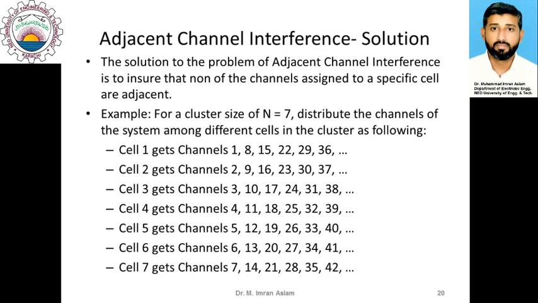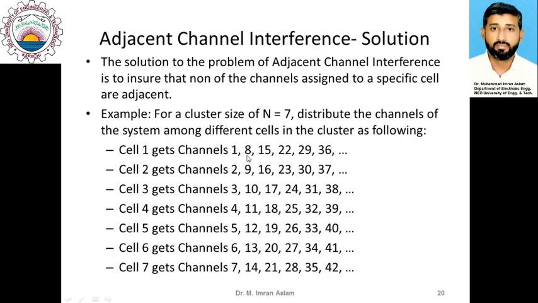But when we are using clustering, we can assign channels in such a way that two adjacent channels are not assigned to the same cell. For example, if we have a 7 cell cluster size, we are assigning the channels in a cluster of 7 cells. We can assign them like this.